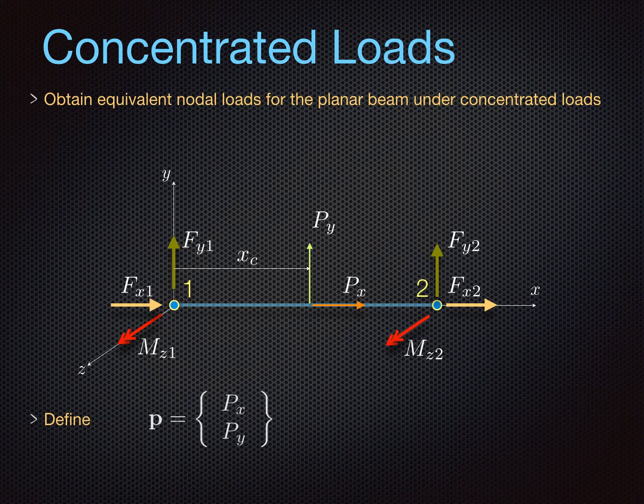Let's just pack these two quantities, the axial force and the transverse force, into P. And I could have also included a concentrated moment at the same location. Please try and carry out that exercise on your own. It's not different from the procedure that I will show you for this particular case.